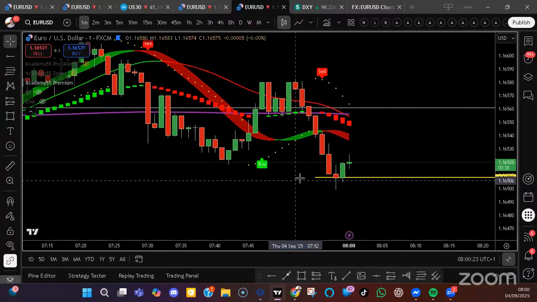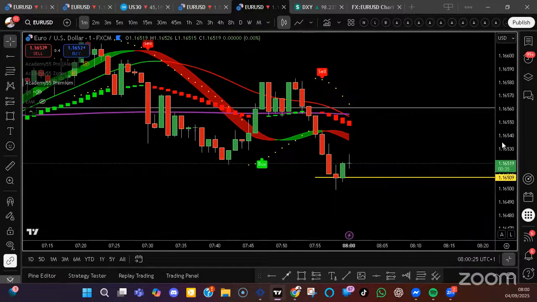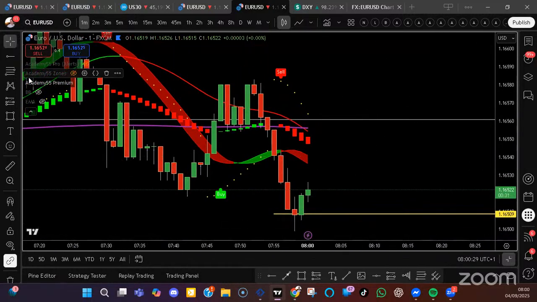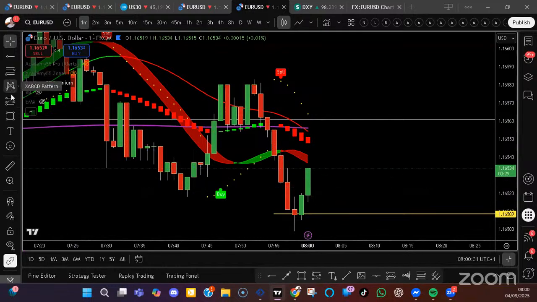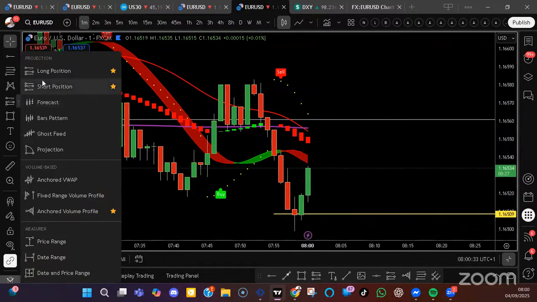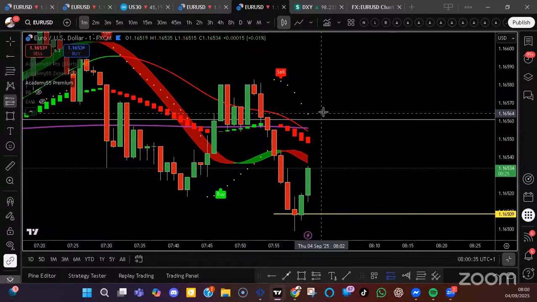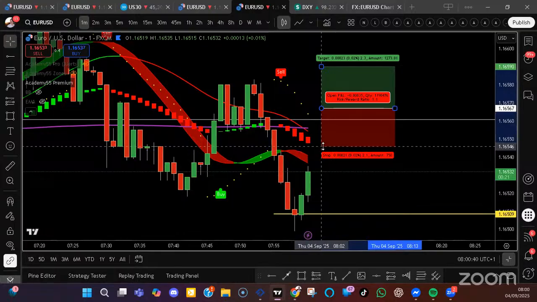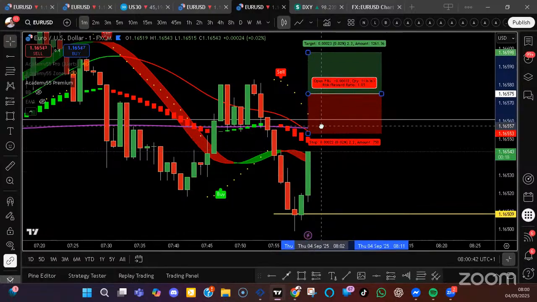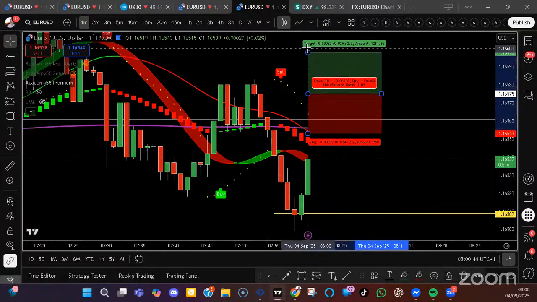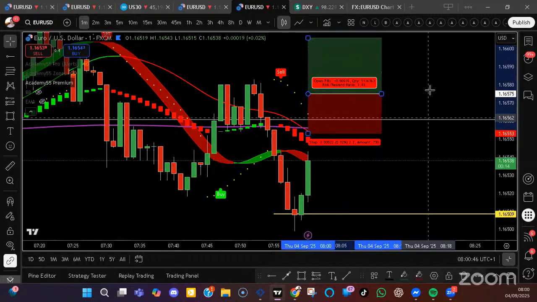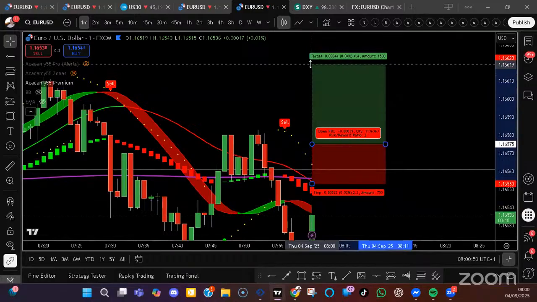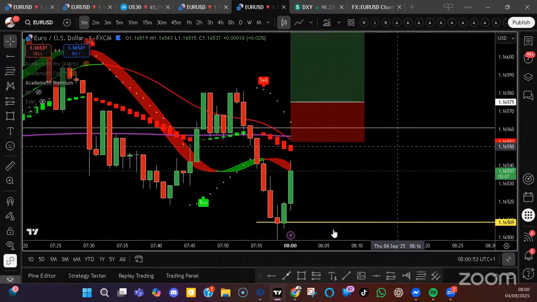So we've gone into the buy zone now. And this is the scenario we're looking for a buy. That's the sort of scenario we're looking at.